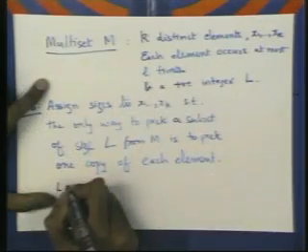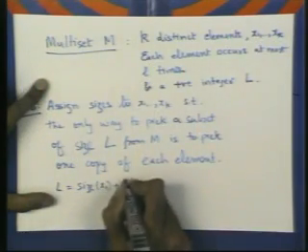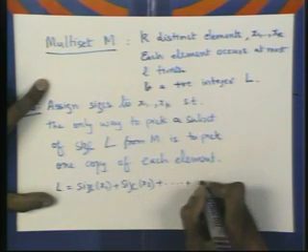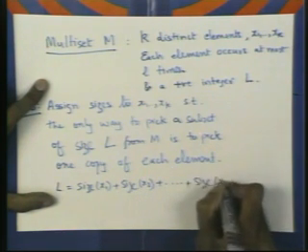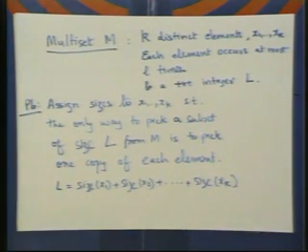Okay, one copy of x1, one copy of x2, one copy of x3, and so on up to one copy of xk. Okay, then we at least know what L should be, right? L then should be size of x1 plus size of x2 dot dot dot up to size of xk. I mean, this we know because when I pick a subset of size L, I must get one copy of each element and nothing else.